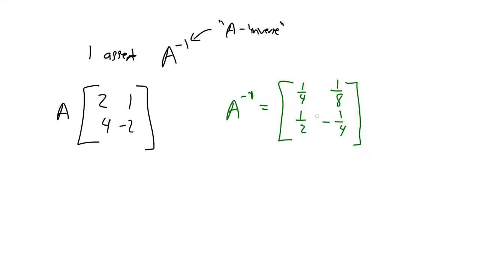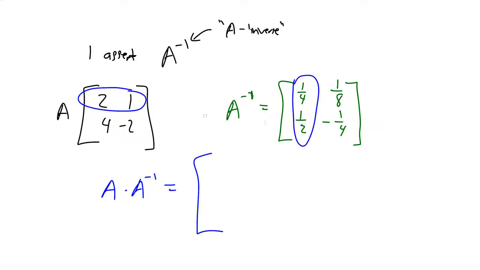Now, you can stare at this all day to try to see the pattern, and you probably won't be able to because it's actually not that obvious a pattern. What you can do, though, is you could check me to make sure this does actually multiply out that way. So let's see if we can do that. If we multiply A times A inverse, we get 2, 1 dot producted with 1/4, 1/2. That's going to be 2 times 1/4, which is 1/2, plus 1/2.